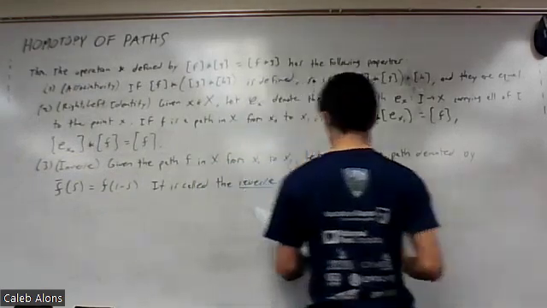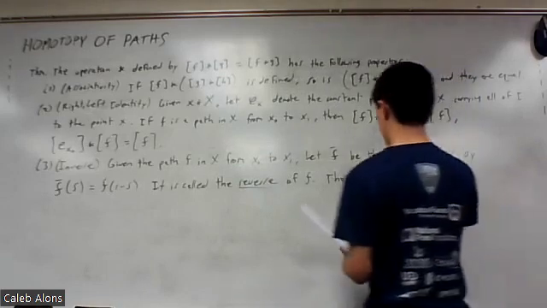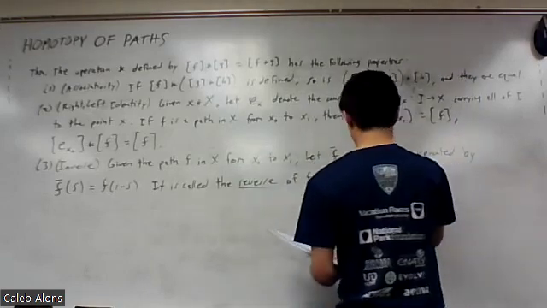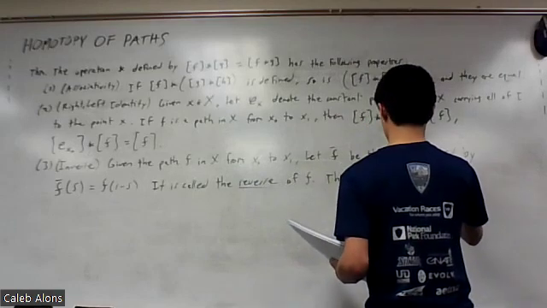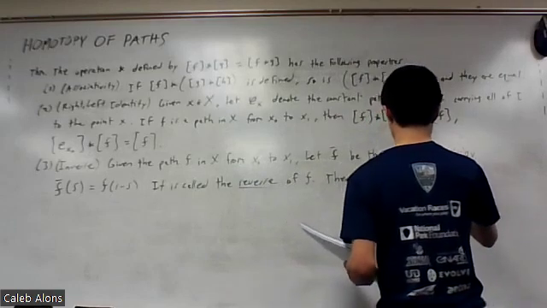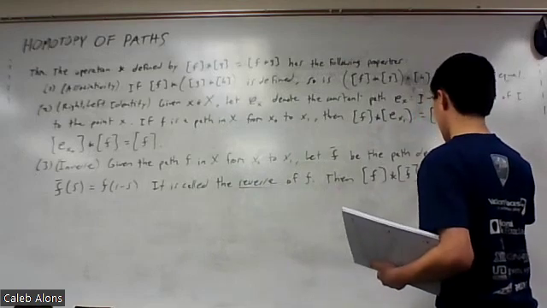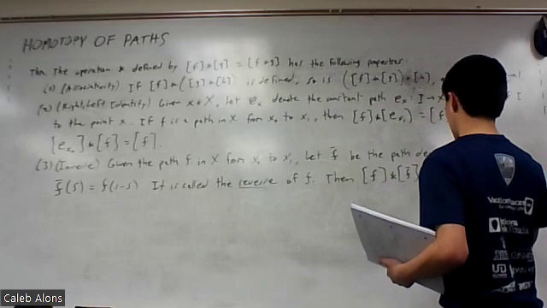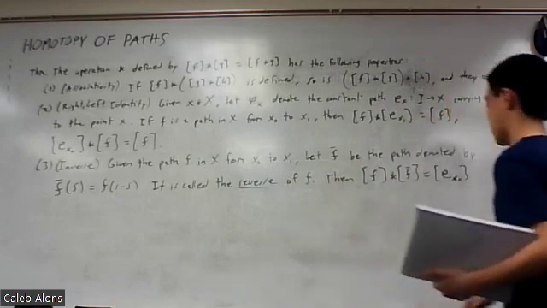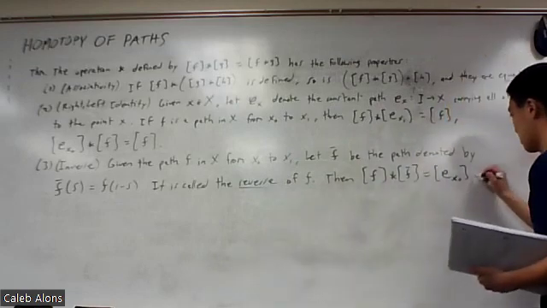Now that we have this, we have the inverse property: if I go down my path and then undo my steps, I should end up on the initial point, which is if I were to map everything onto the left, or the beginning of my path.